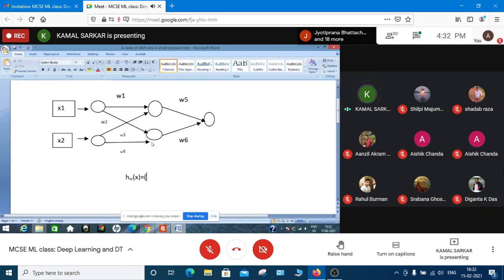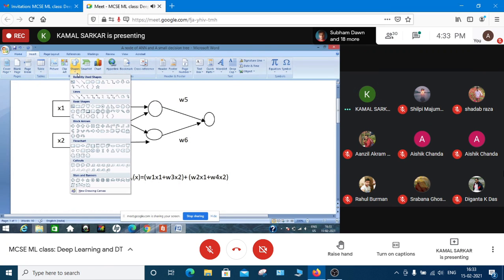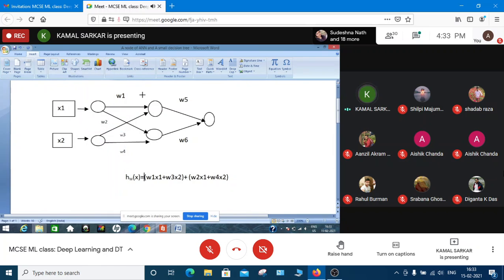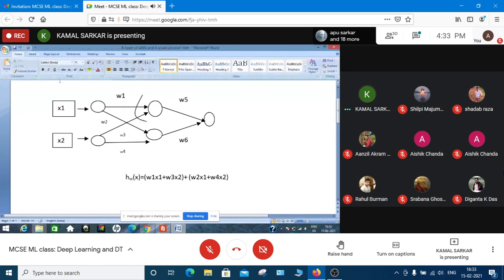So the first should be W1 x1 plus W3 x2, and the second one should be W2 x1 plus W4 x2. That will be the input here, and that will be multiplied with this one. These two will be multiplied finally. This is one summation here, and another summation is here also.